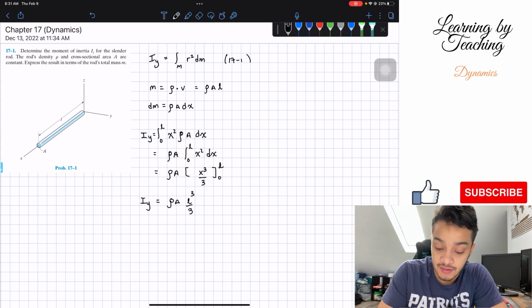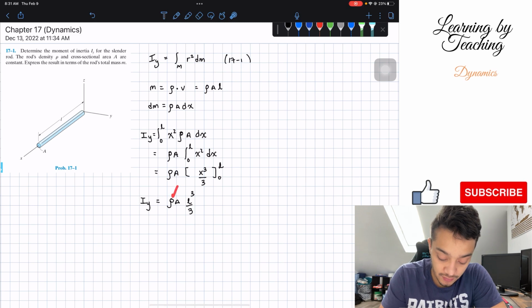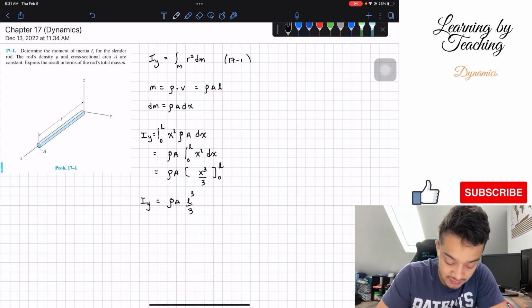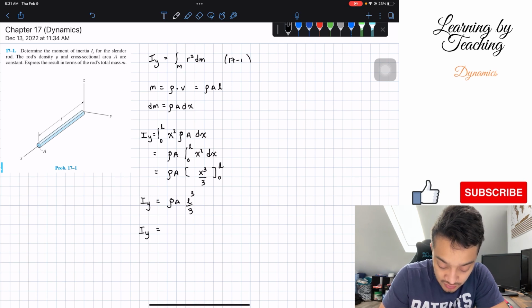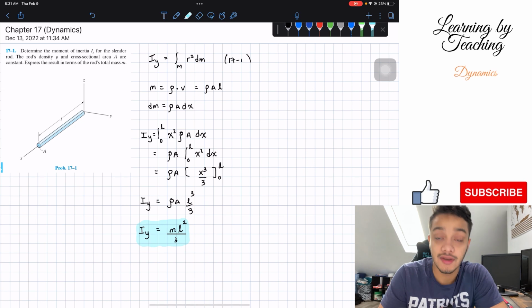But again, my mass is equal to rho times the area times my length, and we have rho, area, and three lengths. So my final answer is that the moment of inertia is equal to my mass times L squared, my length squared, all divided by 3. Finally, this will be my final answer.